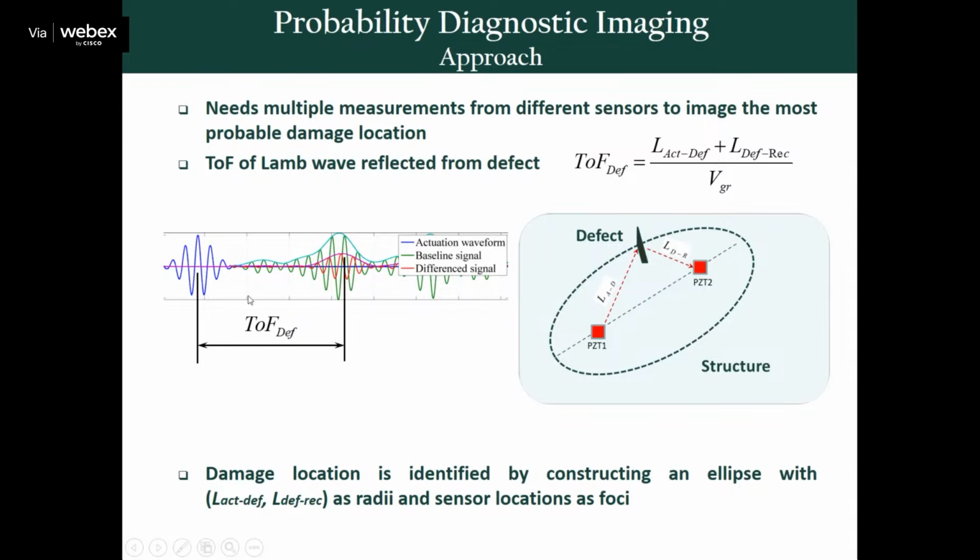This picture shows you the time of flight of defect when you have the actuation. Baseline means there's no defect, and when you have a defect, you can calculate the differences. You call this a difference signal due to the defect. From that, you can calculate the TOF for defect.